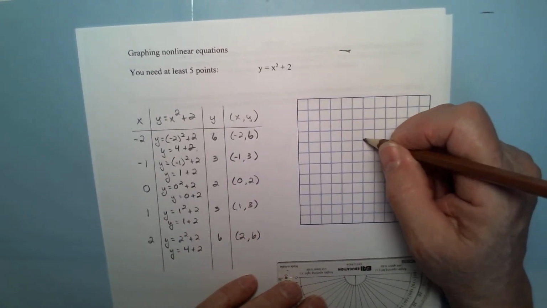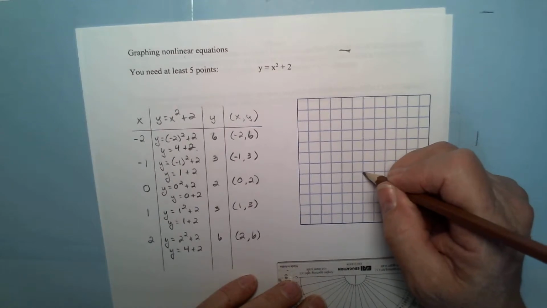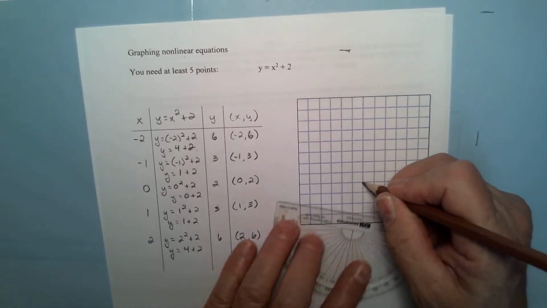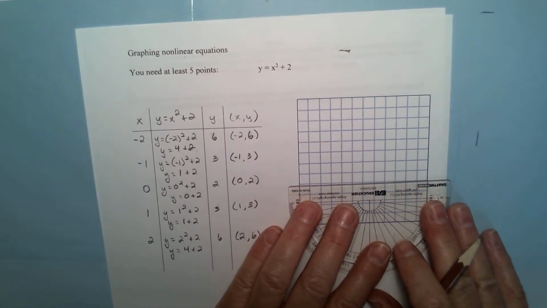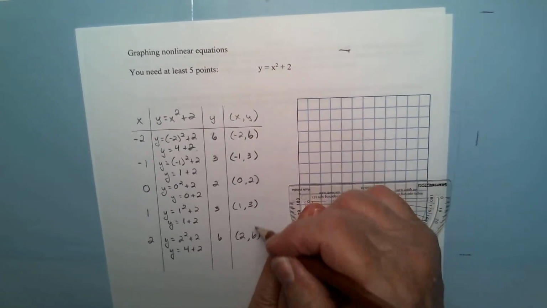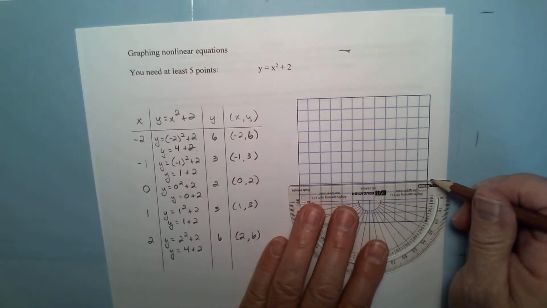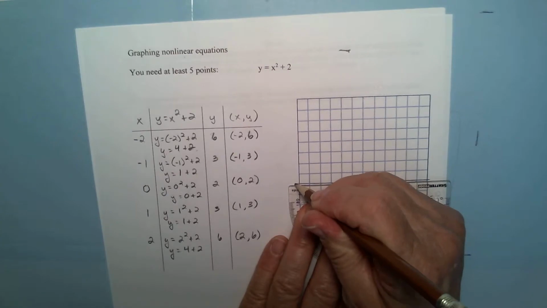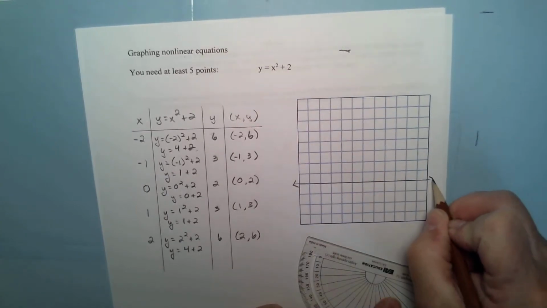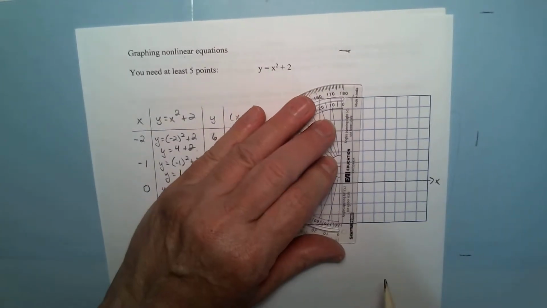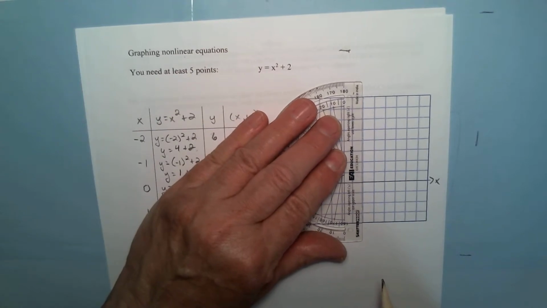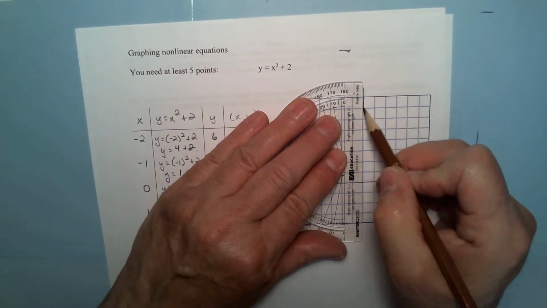1, 2, 3, 4, 5, 6. I think I'll go ahead and put them down here, because I don't have any negative y's in here. Draw my axes down there. That's my x, and my y is going to be straight up and down.